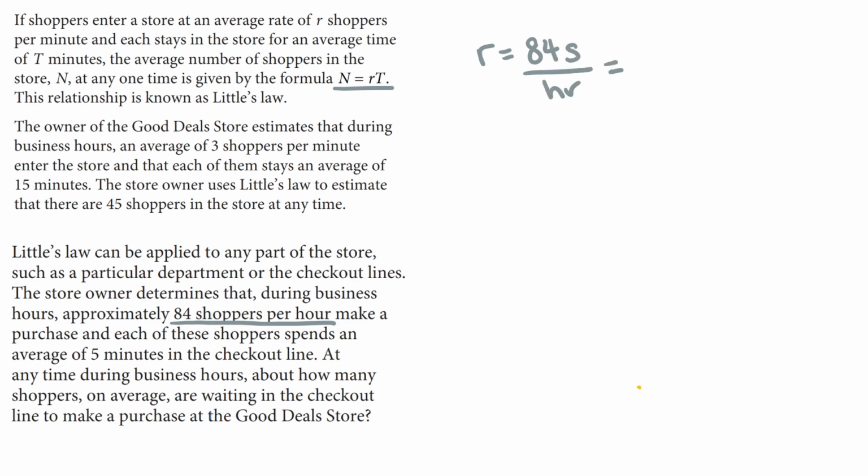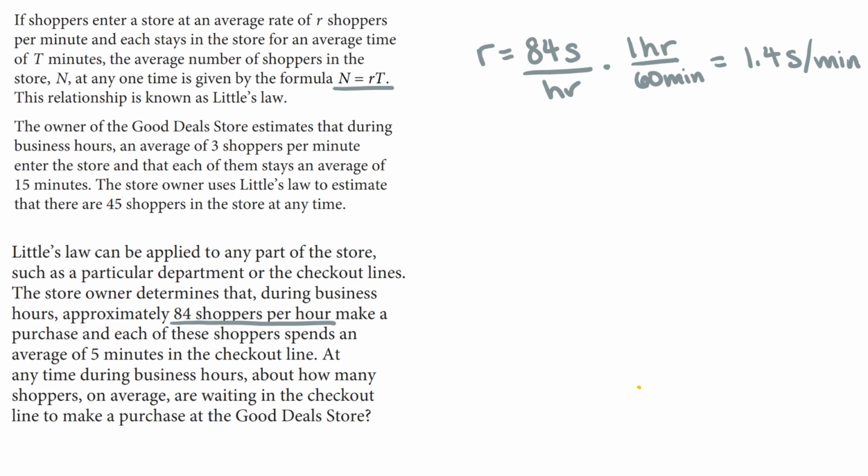And we can translate that to minutes because Little's Law uses minutes for shoppers per minute. So multiply that by 1 hour over 60 minutes, and that gives us 1.4 shoppers per minute.